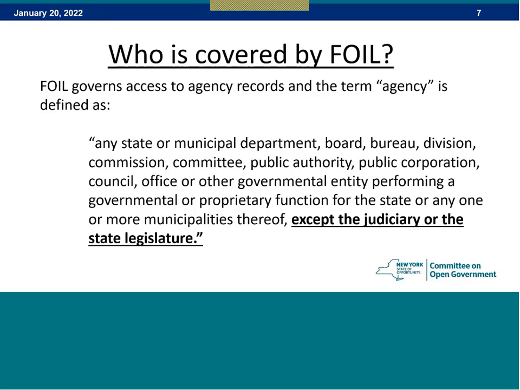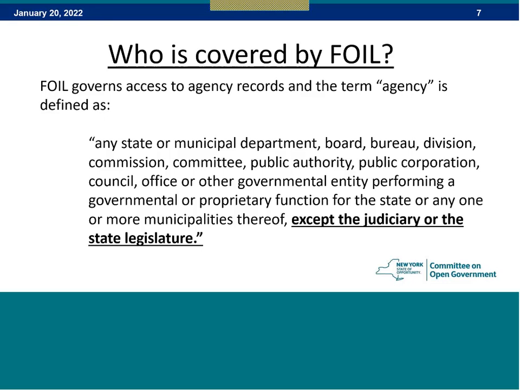So in short, any type of government entity and agency that you can think of is likely going to be considered an agency under the Freedom of Information Law, except the judiciary or the state legislature.